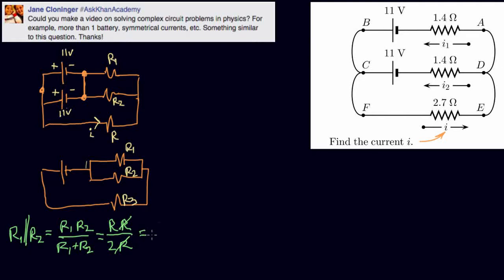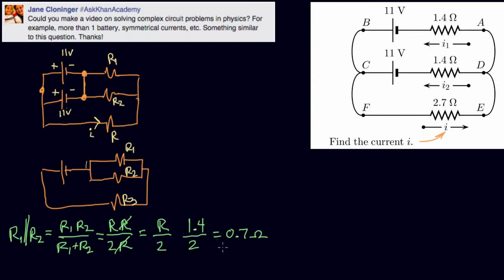Two parallel resistors, if the resistors are equal, is equal to half the resistance. And let's plug in the real values. 1.4 ohms over 2 equals 0.7 ohms. That's the equivalent resistance of these two resistors in parallel.